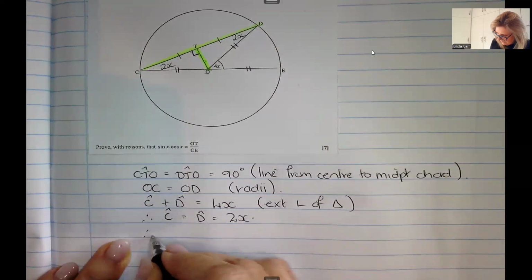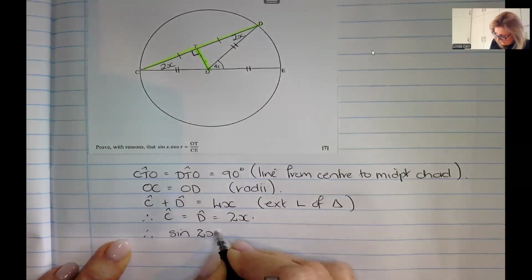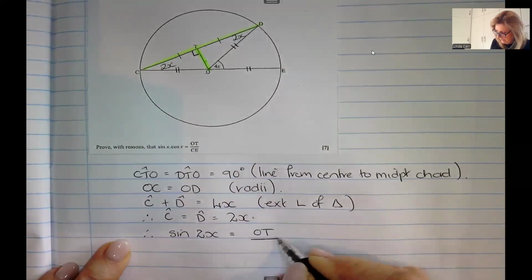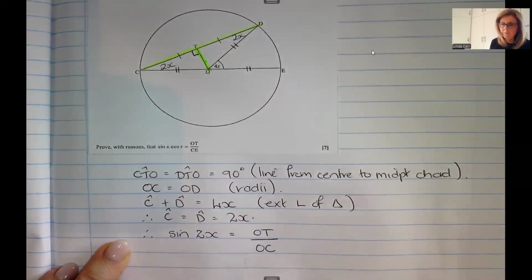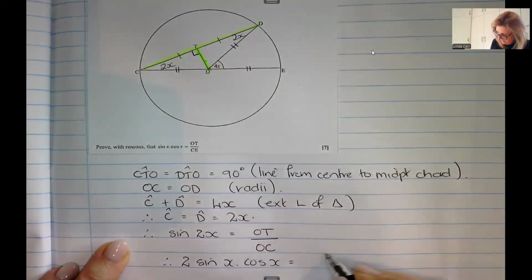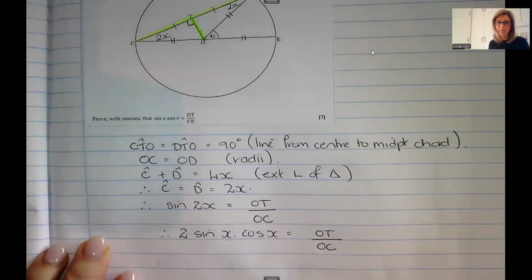So I'm now going to say sine 2x is equal to OT over OC. Don't have to give a reason for that. That's trig. Therefore, 2 sine x cos x is equal to OT over OC. Right, I'm still feeling quite happy with that.